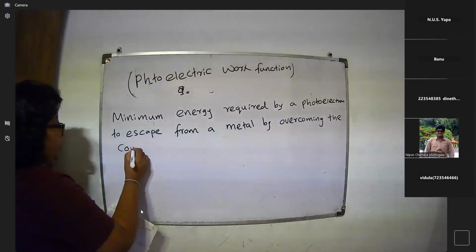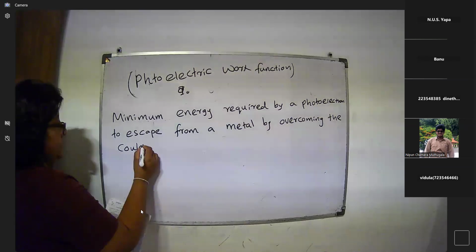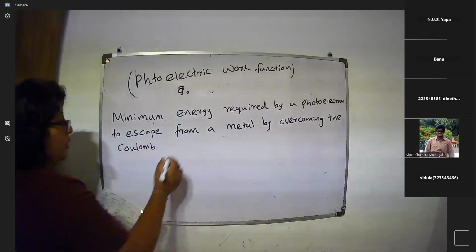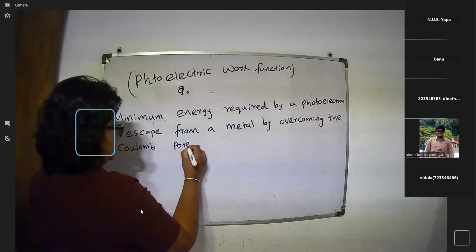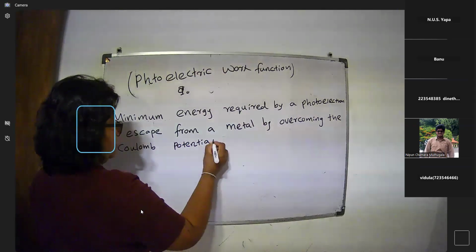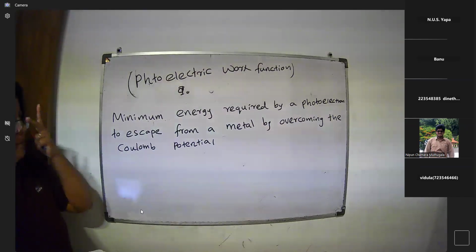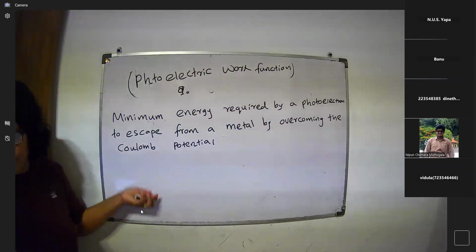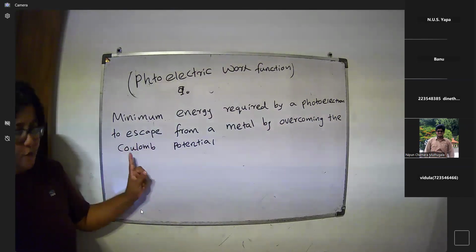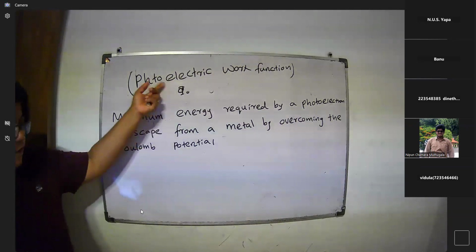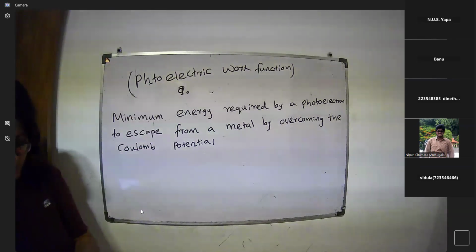Because to escape electrons, we need to overcome the Coulomb potential, the Coulomb force. So this is the minimum energy required by a photoelectron to escape from the metal surface by overcoming the Coulomb potential; we call it the photoelectric work function.